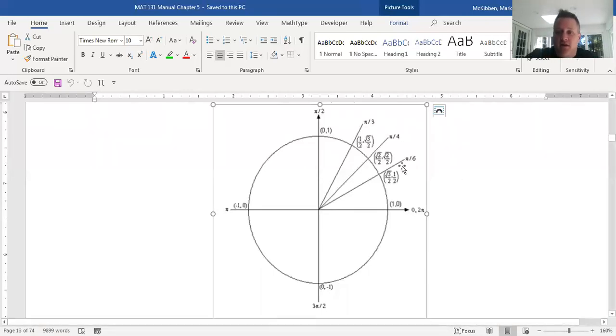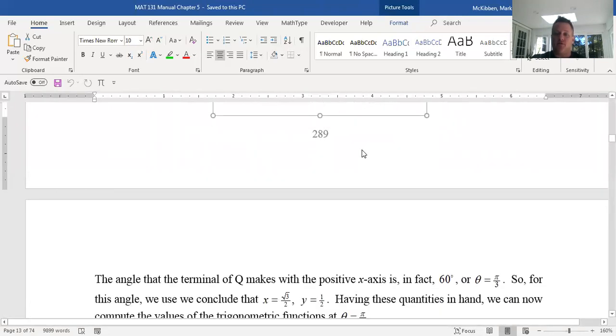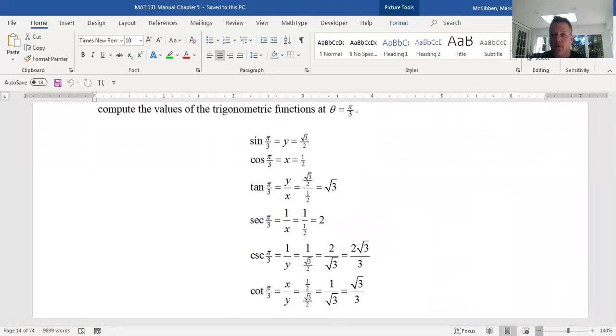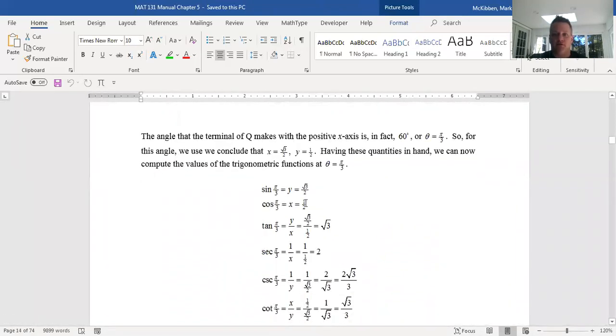And so this point, without having to go through an argument like we just did, you simply know that since this guy was computed to be the coordinates for that point P corresponding to pi over 6, the point for pi over 3 is just 1/2 comma root 3 over 2. All right, and so you can compute the trig functions for pi over 3 just using that x and that y.